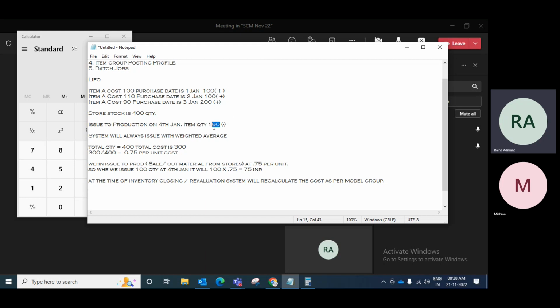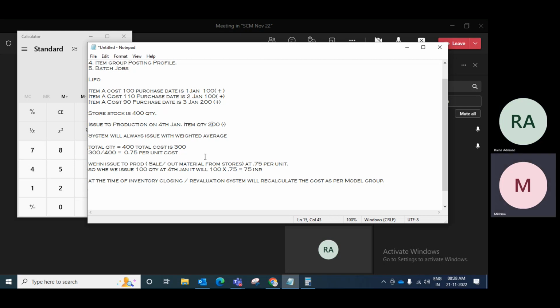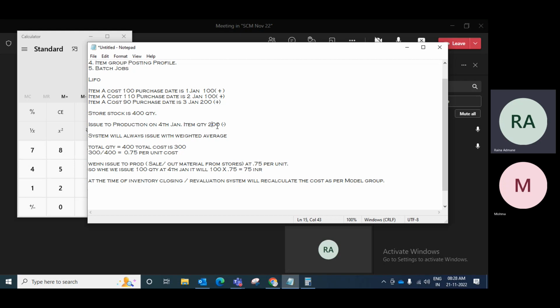Same, I am issuing 100 quantity. I can issue anything. Like if I issue 200 quantity, what will happen? What will be the rate? What will be the rate while issuing this?